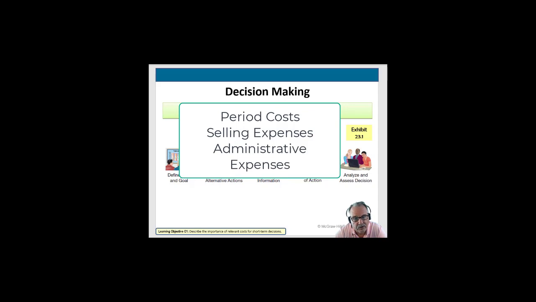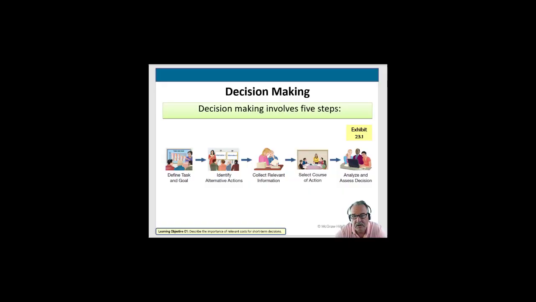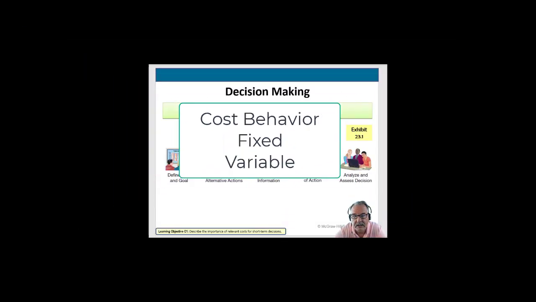And we also have focused on the behavioral aspects of these costs by separating all of these five costs into their fixed and variable components so that we can analyze what's happening in the business and make decisions.